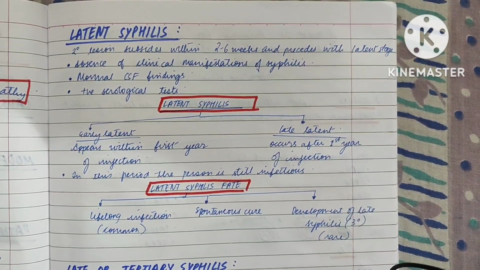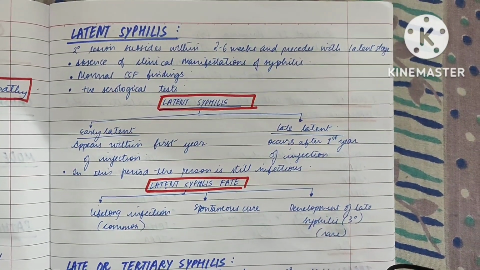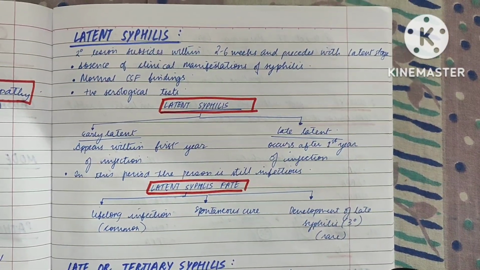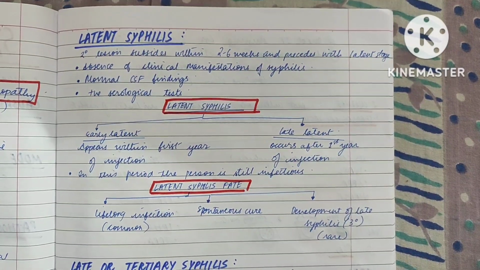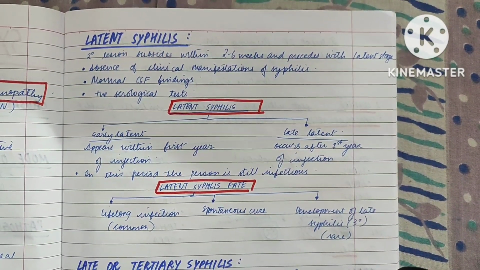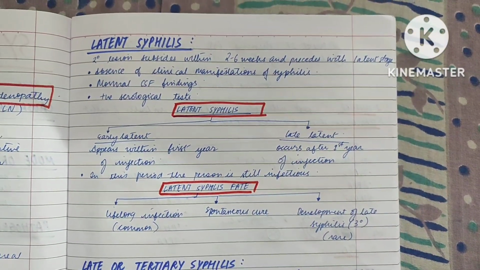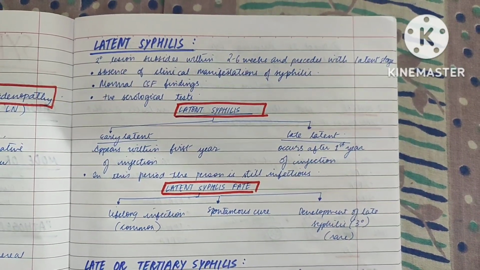Moving on to the next phase, latent syphilis, where the person is asymptomatic. The secondary lesion is going to subside, and within 2 to 6 weeks you will see this stage where the person is asymptomatic. There are no clinical manifestations of syphilis. The CSF findings are normal, but the serological tests will be positive for syphilis, that is, the antibody and antigen detection tests will be positive.